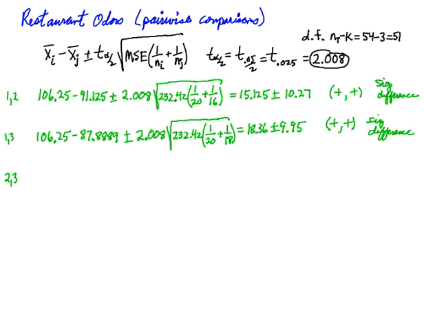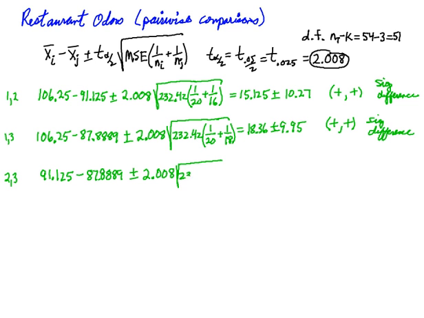And I will take my sample from population 2, 91.125, and subtract the 87 from population 3, the estimated average amount of time customers would spend when there was no odor. See if the difference in the population averages there is significant.